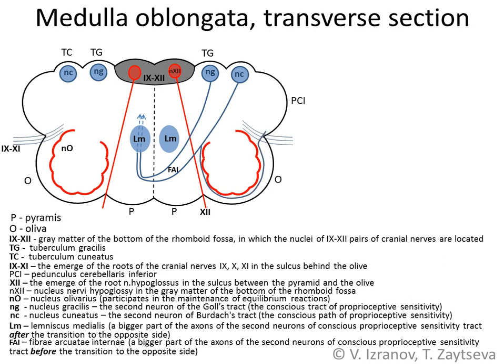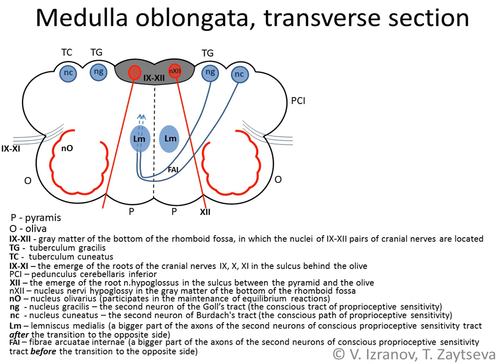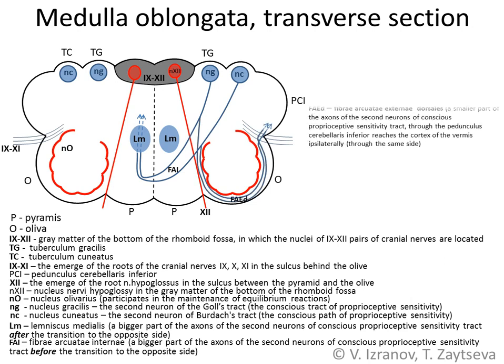And now some fibers, we can find that they surround nucleus alveolaris from the periphery. Here they are. What is it?